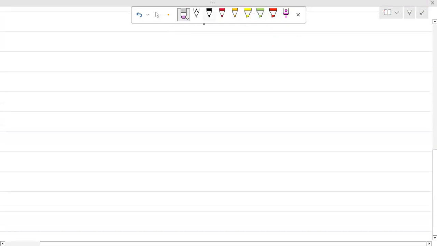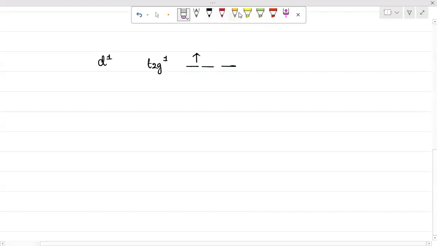Okay, let me give you some examples. Let's say you have a D1 system. So if you have a D1 system, it is T2G1, correct? Unsymmetrical electron distribution is what you have, and hence this will show contribution due to orbital magnetic moment.